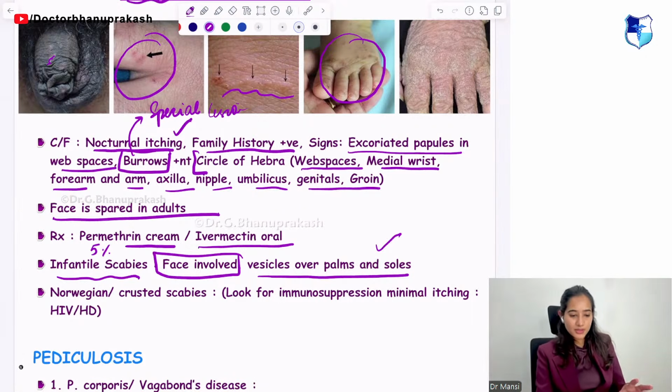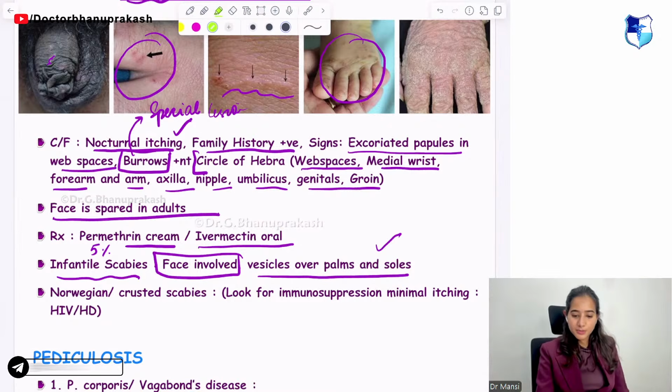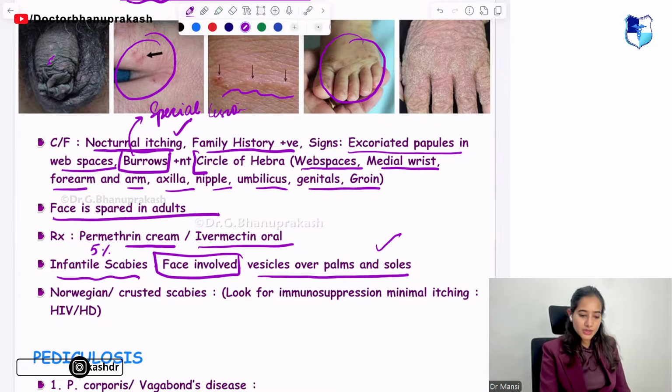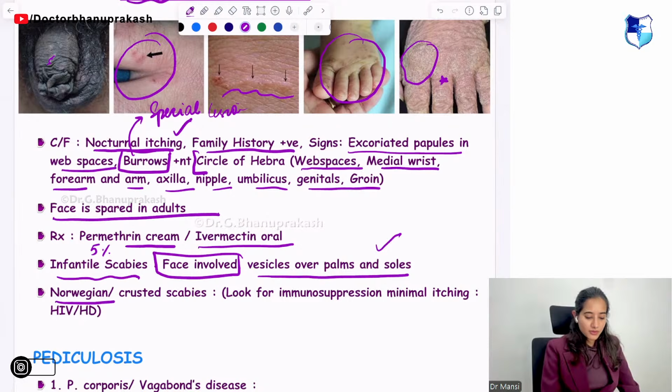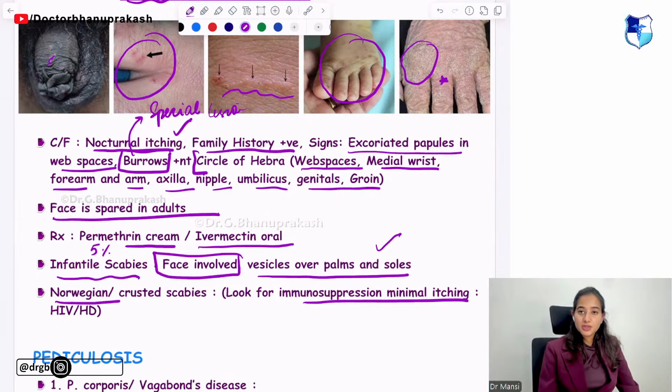Then sometimes you can see crusting is present. So the crusting feature is classical. This crusting will be seen in what is also called Norwegian scabies. So look for immunosuppression history.